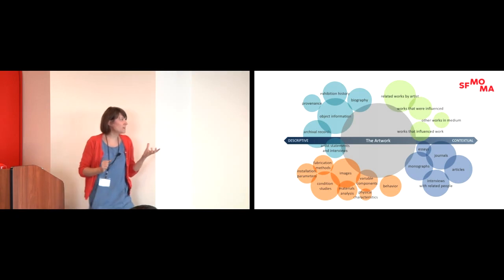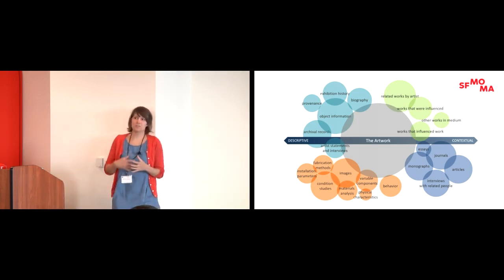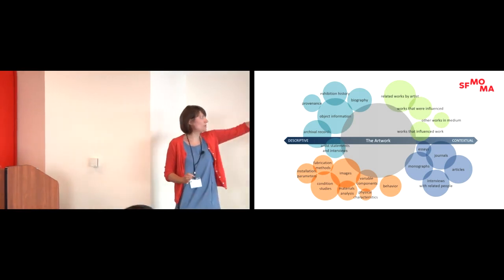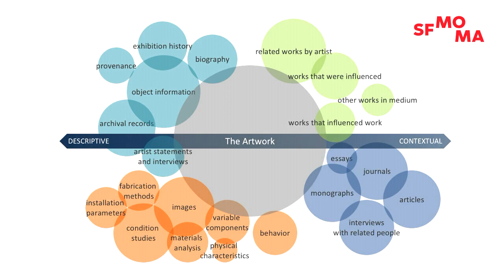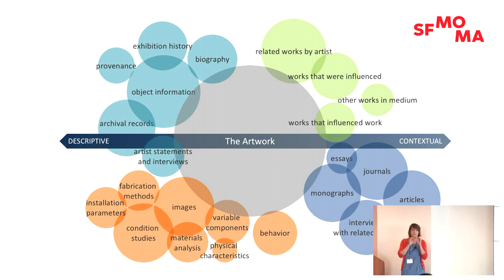With traditional databases or traditional systems, what we're really good at capturing is this more descriptive part. So you have a painting, it's oil on linen, it has certain dimensions, like there are very clear data points, if you will. What we're not so good at is everything more to the right, that is this more contextual information.